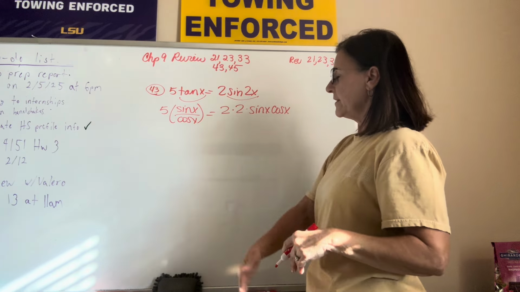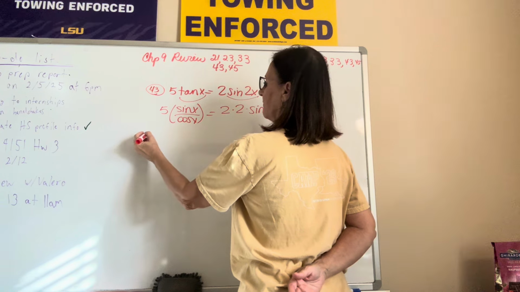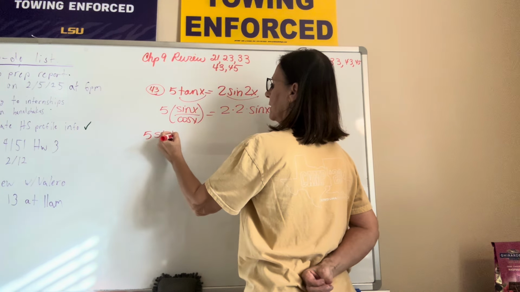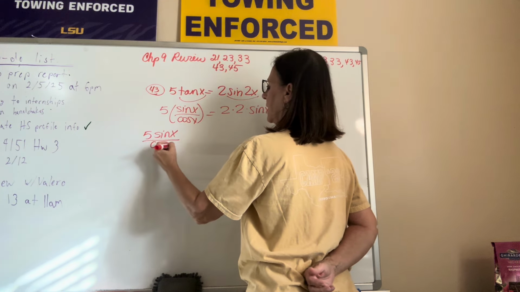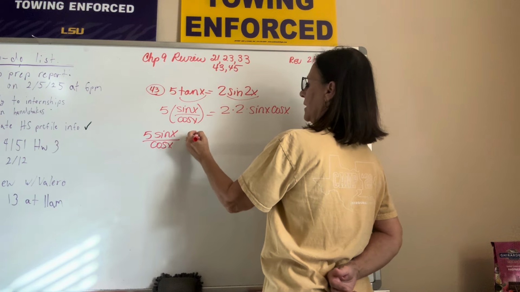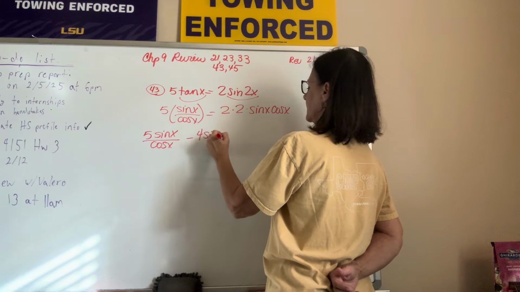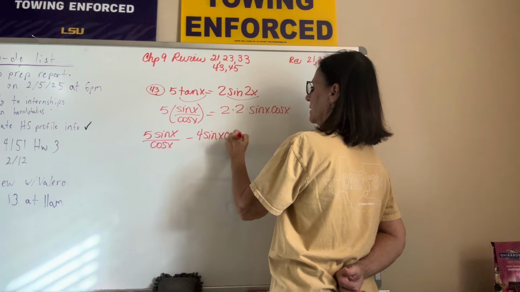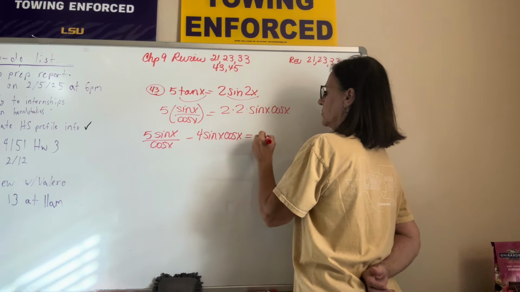If I move everything to the left, I have 5 sine x over cosine x minus 4 sine x cosine x equals 0.